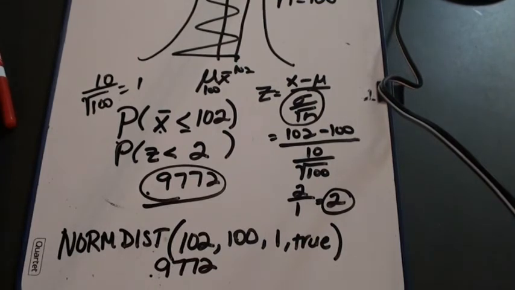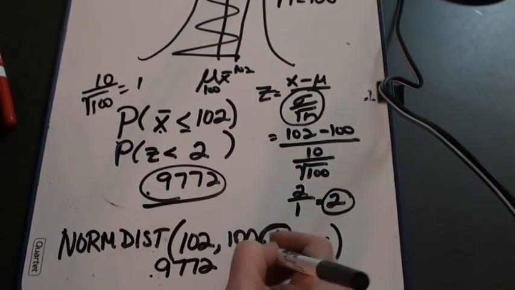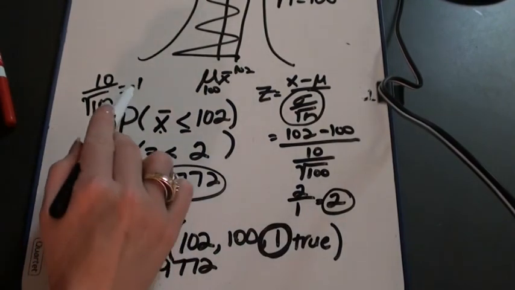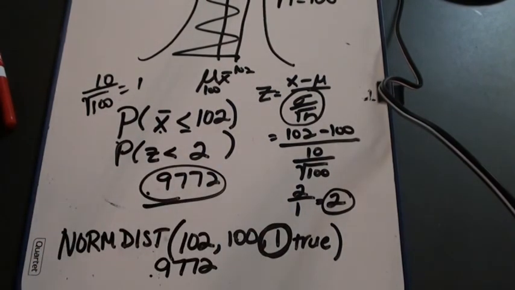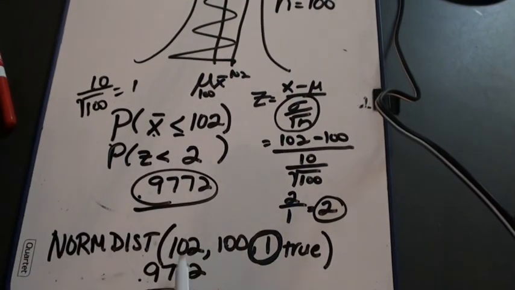Like I said, if you can do chapter 6, you can do chapter 7. The only difference compared to chapter 6 is that right here you're going to substitute in the standard error instead of the standard deviation. Same thing: if it had been greater than, you would have found this number and then said 1 minus it. If it had been between, you would have found the two less thans and subtracted them.